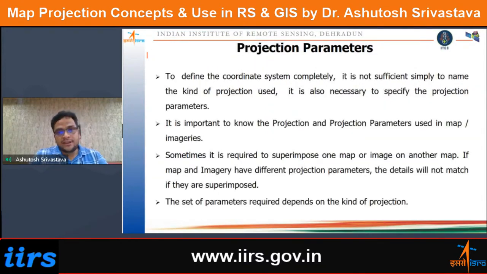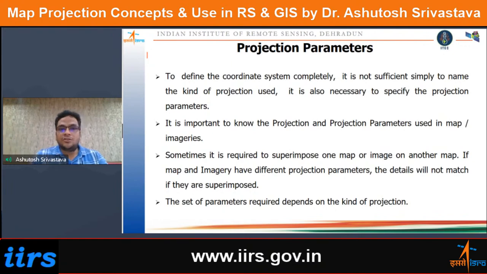When we are deriving the map, along with the projected map we need to define certain parameters as well. You always see it written on the map of your countries, which datum and which projection system it is in.